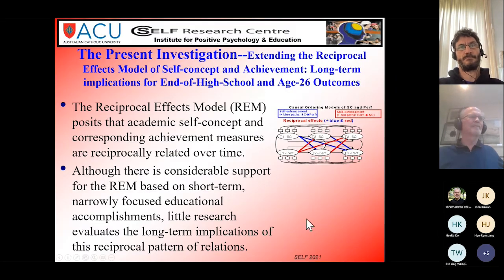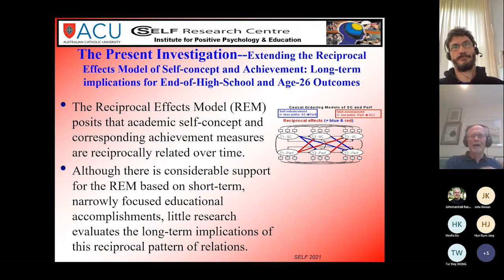All right, so what I'm looking at here is the reciprocal effect model, and that's a miniature version of what I showed you before, just so you can remember what it looks like. So there's lots of research that's looked at the reciprocal effect over relatively short periods of time, mostly while kids are in school.